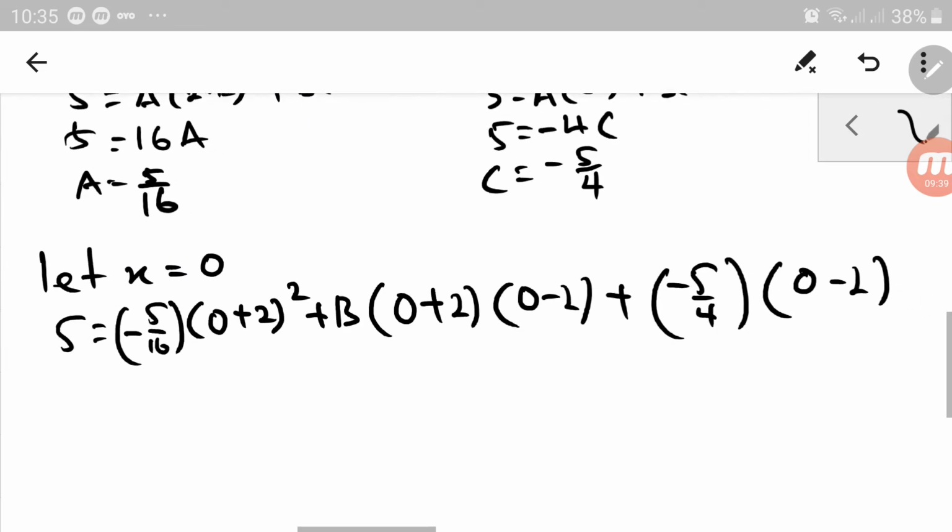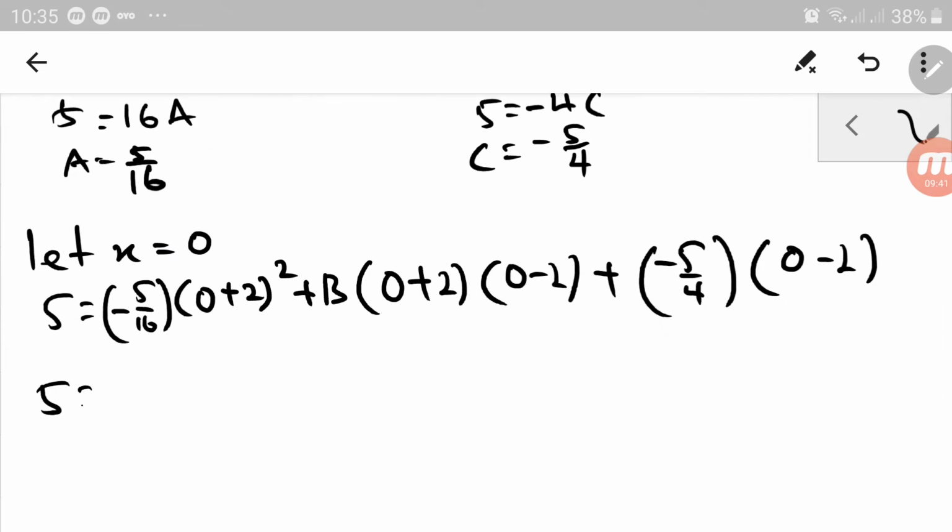So left hand side is 5, and then this one is 4, so minus 5 over 4 plus minus 2b, minus 2b. And then this one, minus 2 plus 5 over 2. Correct.